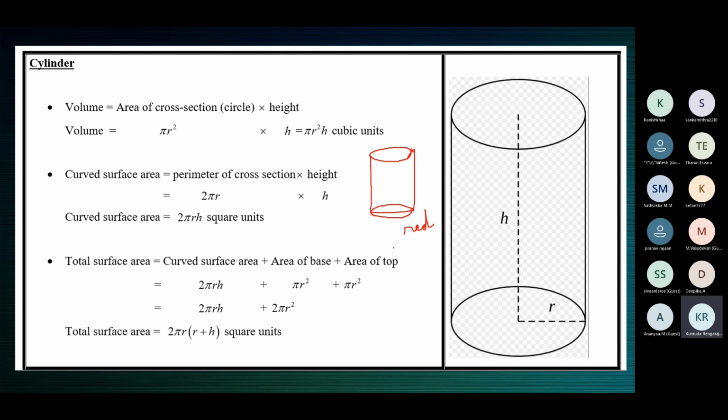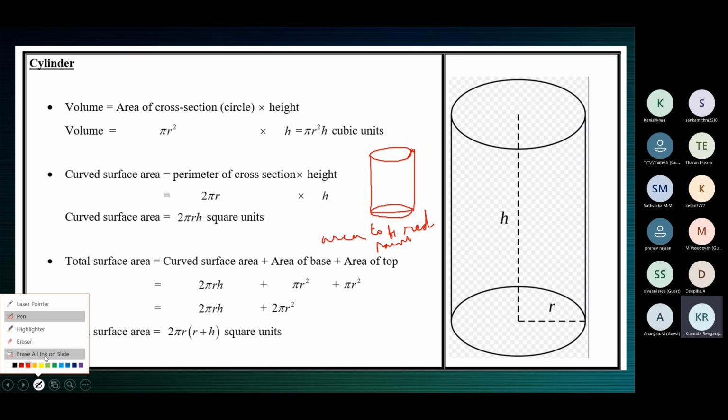I want you to tell me the formula which you will use to find the area to be painted red.